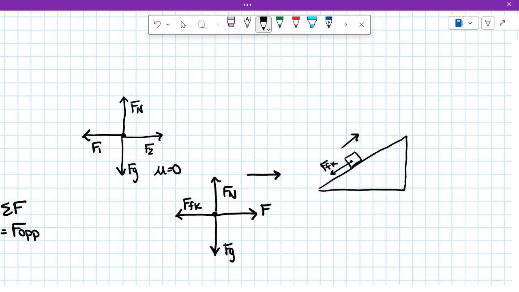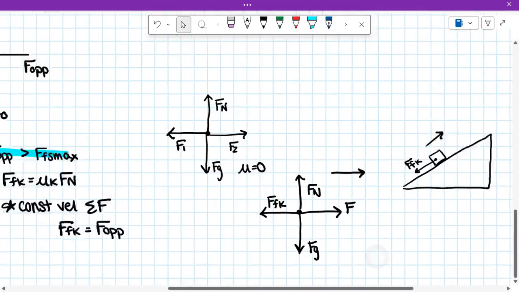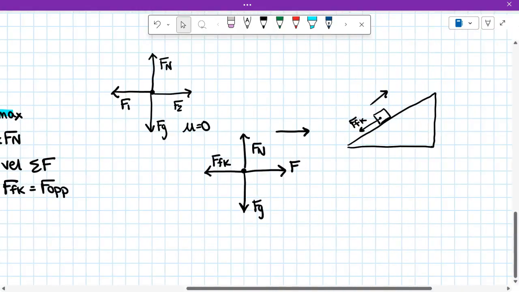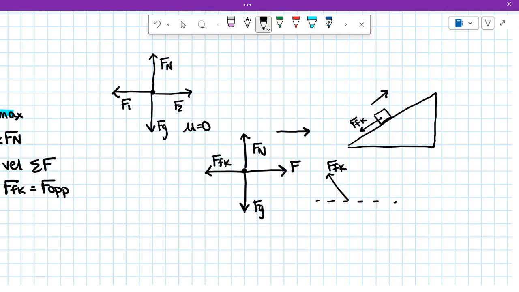Okay. Forces of friction always oppose sliding or prevent sliding. They are always parallel to the surface. So I should never have a force of friction that is off at a weird angle relative to the surface. So think about it this way.